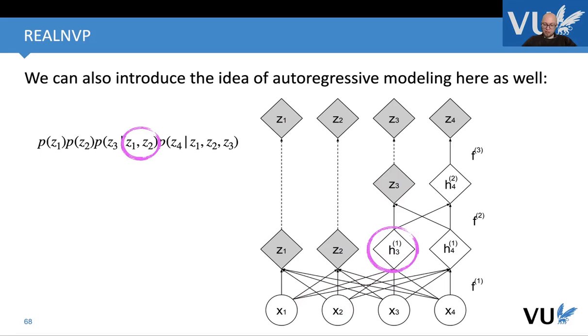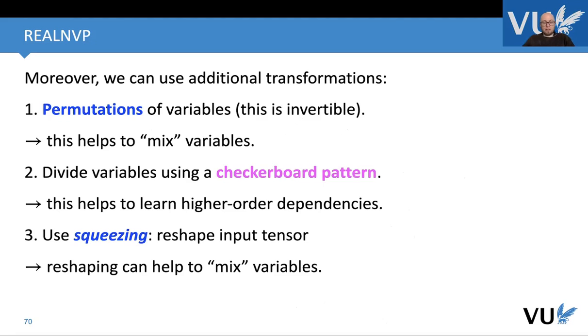So instead of having z1 and z2 explicitly, we will take h3, and we can do the same here. We have again coupling layers, and the output of this coupling layer had already access to everything below, and this will be this h4, used, and so on. So this is very interesting and important.